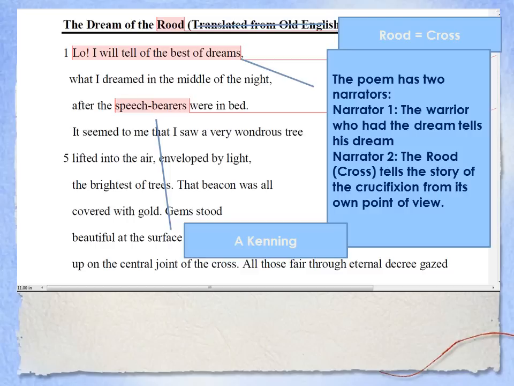And we see our first little kenning there, speech bearers. So who are people? Who are things that bear speeches or hold speeches inside themselves? People. So they're talking about human beings. So after the speech bearers were in bed, emphasizing the idea of the intelligent oral society type people.